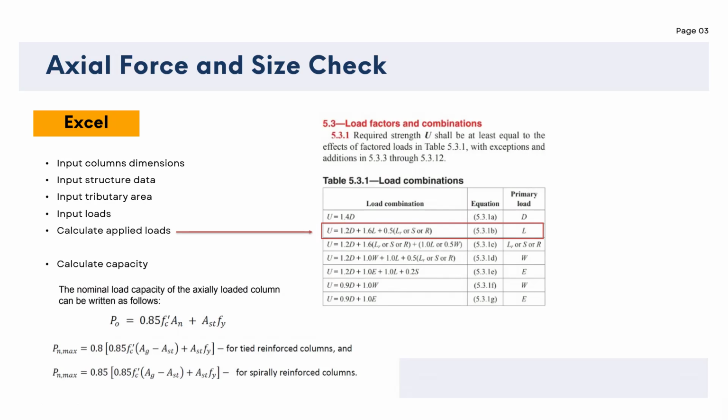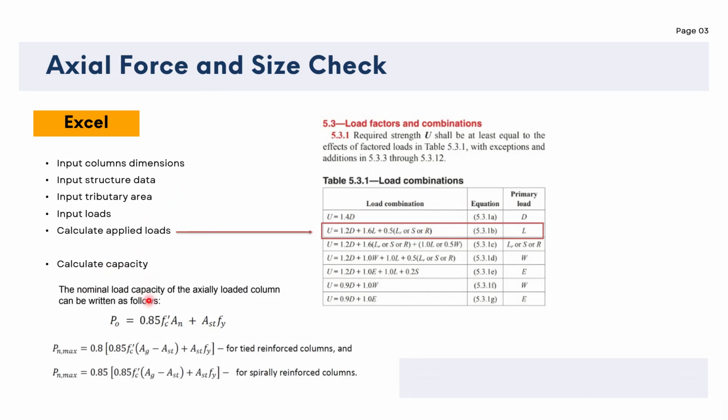The service load is just the dead load plus the live load, while for the ultimate load, since we are only considering gravity combination, we are using only this combination, which is 1.2 dead plus 1.6 live. Because as we said, it's an approximate approach.